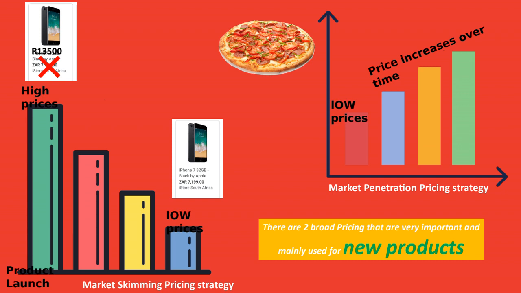That was a very good example of a market penetration strategy, where something new is coming in and trying to capture market share, trying to take market away from other brands. With skimming, you don't really have to do that. So these are the two very important new product strategies that are used.